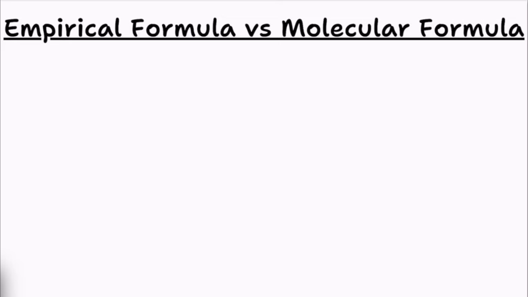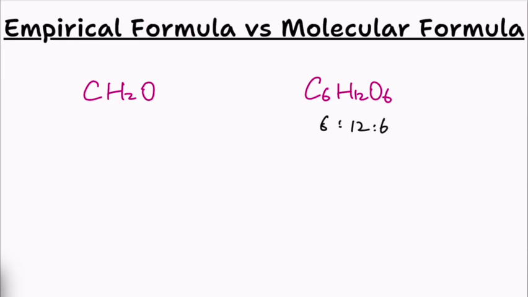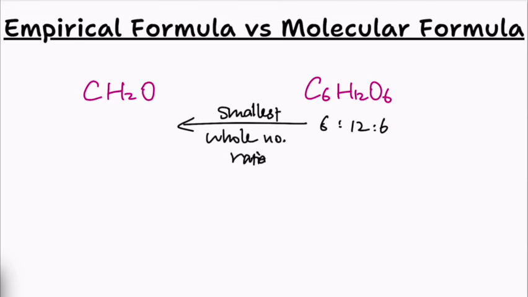So molecular formula represents the smallest unit of a molecule. For example, C6H12O6 is glucose, 6 to 12 to 6. This is not the smallest whole number ratio. So if you convert it to the smallest whole number ratio, then it will be 1 to 2 to 1.